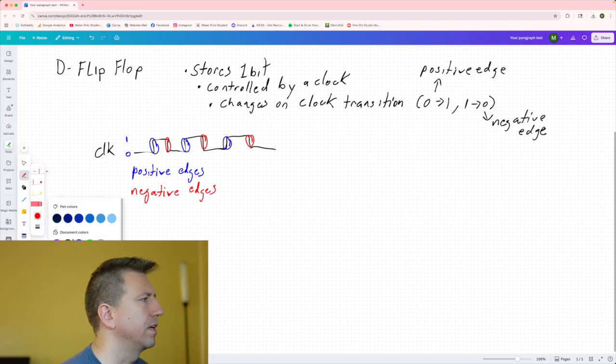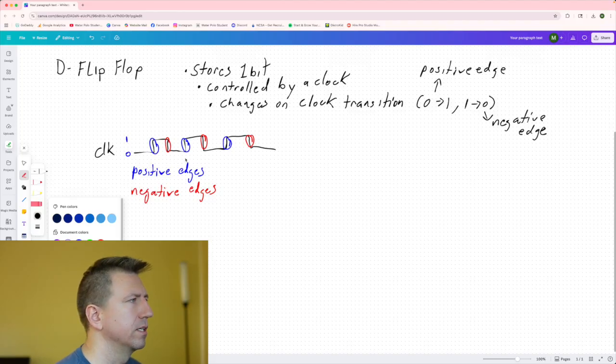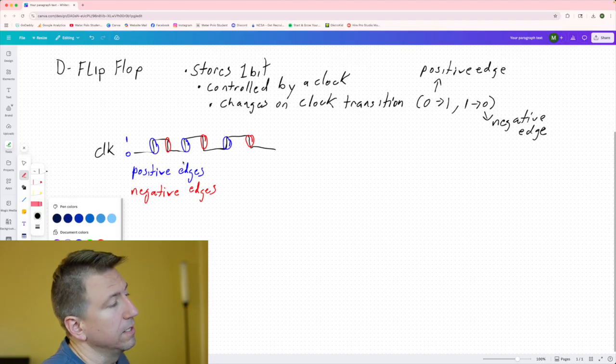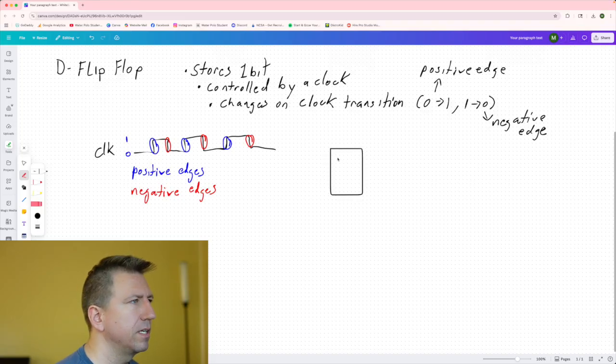So the D flip-flop, which again stores a bit of information, is going to change what it's storing on one of these edges depending on what type it is. The easier type to understand for me is the positive edge one, so we'll take a look at that one and its diagram. So here is a D flip-flop with input D, and it's going to have a clock.